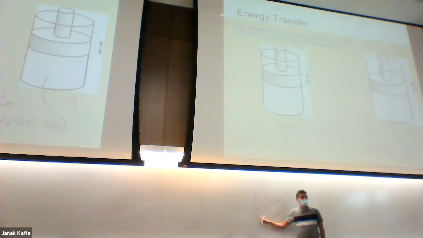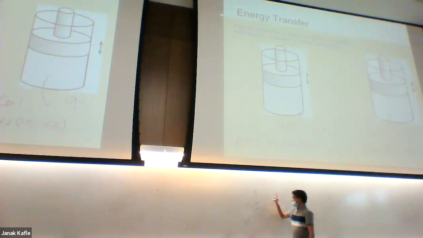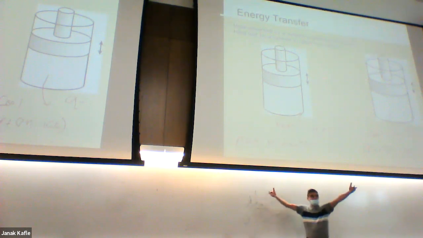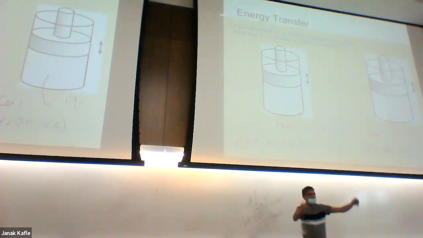The heater is very hot, at high temperature, and this water is cold. Heat always goes from a hot body to a cold body, right? So heat goes from the heater to the water. The water absorbs the heat from the heater, becomes hot and boils, right?